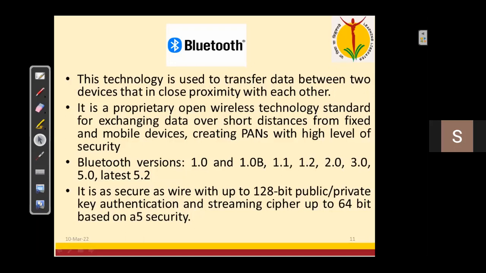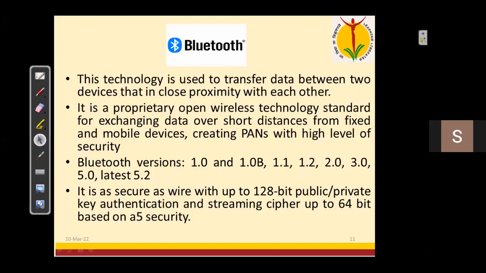And after that, the 1.0 and 1.0b specifications. There was a hardware problem: hardware interoperability and compatibility between the different devices, so I can't switch from one device to another. So compatibility was the issue in Bluetooth versions 1.0 and 1.0b.